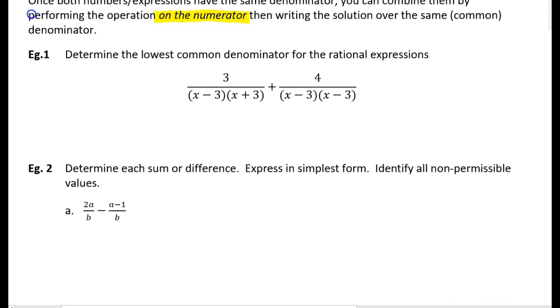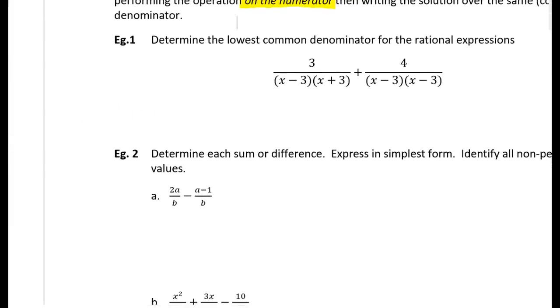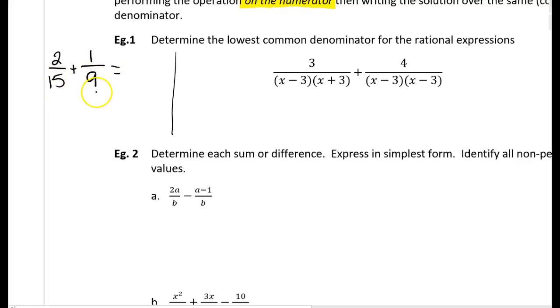So example 1 is just looking for our lowest common denominator. Before we actually tackle this one, we can look at a side example: let's do 2/15 and add that with 1/9. I'm not just going to multiply 15 times 9 to get my lowest common denominator, because they actually have something in common.